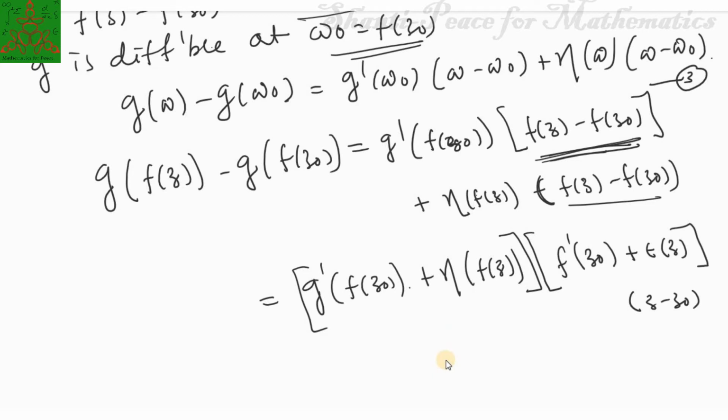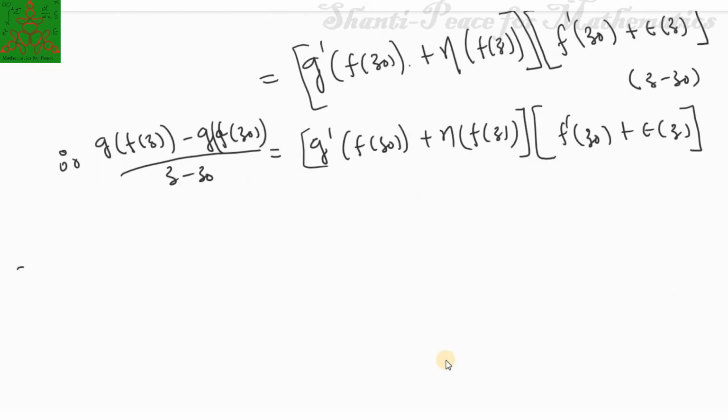So this z minus z0 I can take on the other side, that is g of f of z minus g of f of z0 upon z minus z0 equal to this quantity we will have.